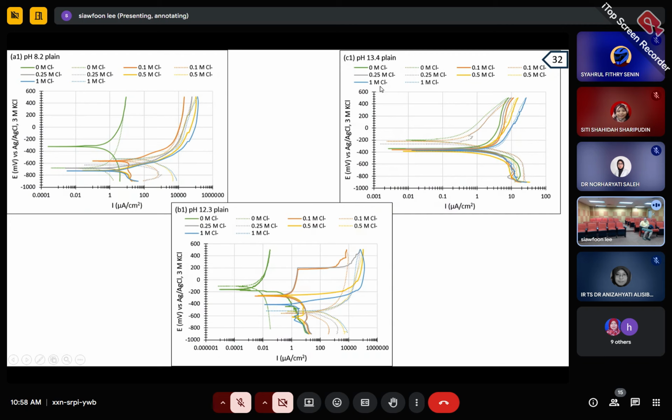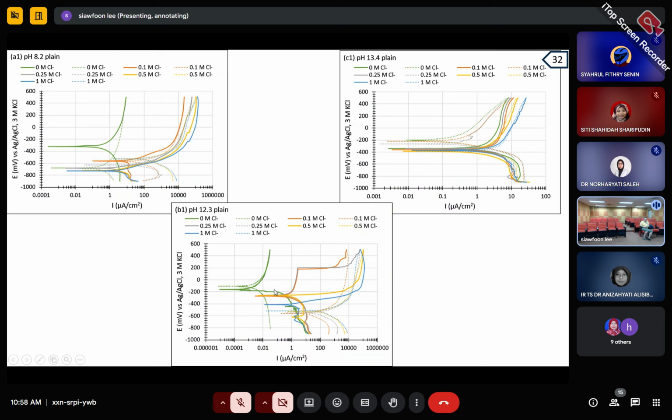And now let us compare 13.4 with 13.3. Okay, and you can see at different concentrations of chloride ion, they come up with a curve that is a little bit different, especially the one at 0.1 molar chloride ion and the other at 0.25 molar chloride ion.